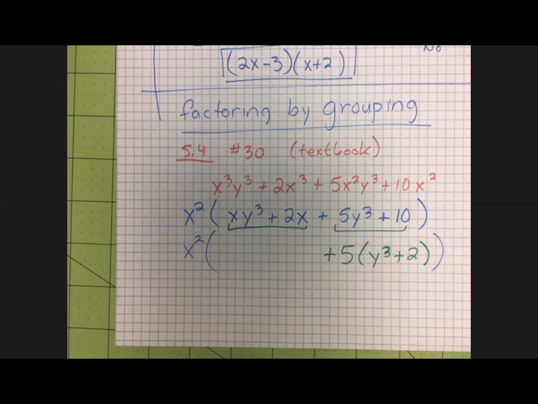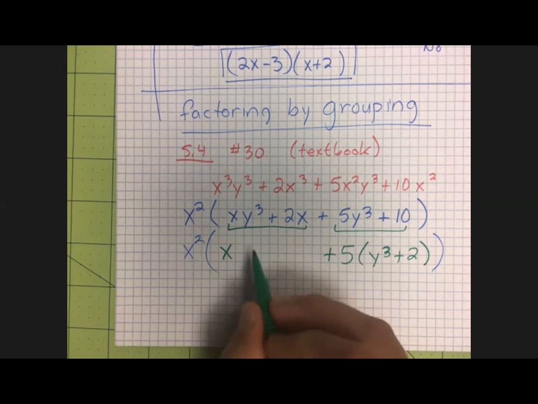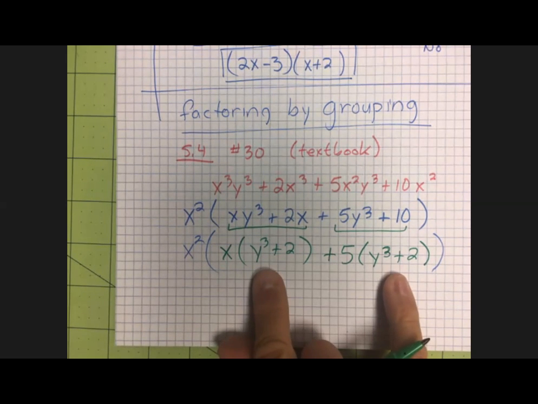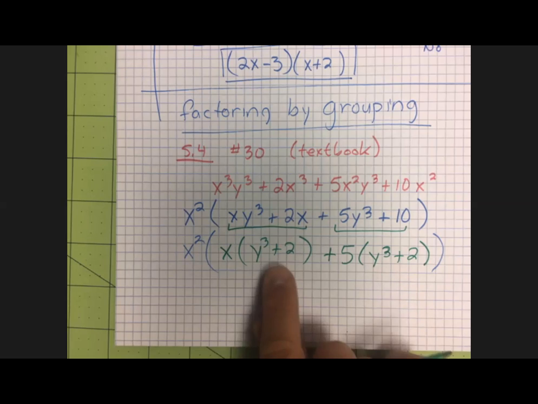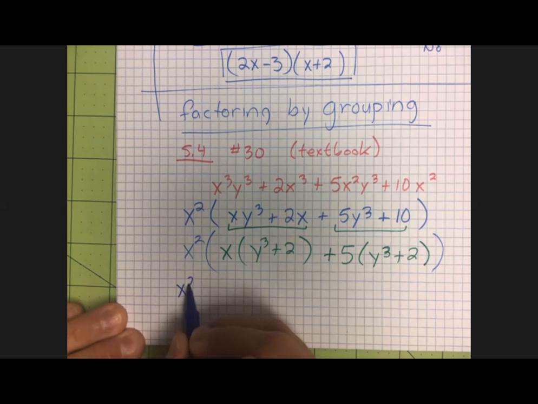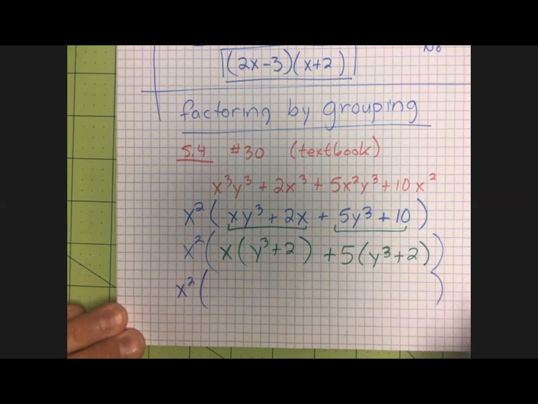Okay, so how about these two pieces right here? Do you see they both have an x in common? And then they have y cubed plus 2 left over. And there's a signal that I'm doing something right. I see another common factor. Now, don't forget about the x squared, or else you get the answer wrong.